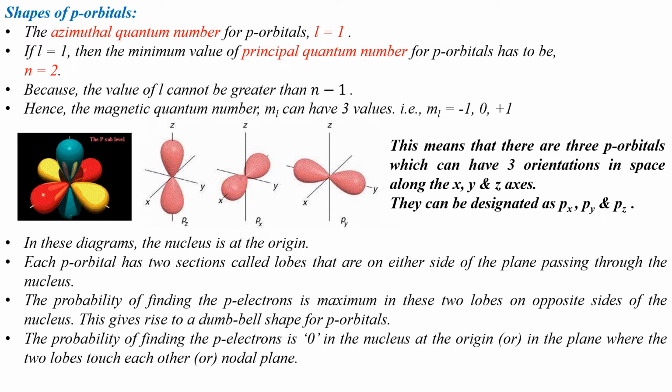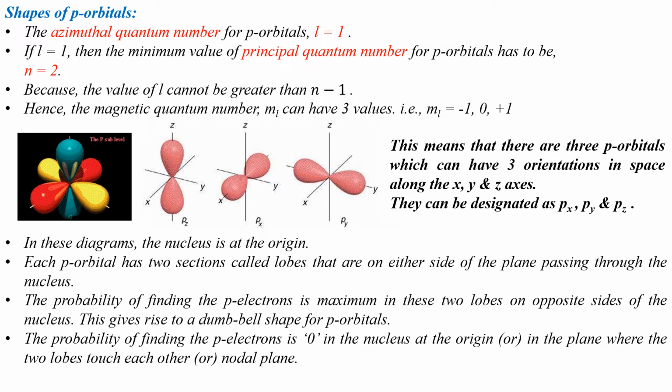Now 2 into 1 is 2 plus 1, it is 3. That's how you get 3 values for ml, and the 3 values can be minus 1, 0 and plus 1. This means that there are 3 p orbitals which can have 3 orientations in space along the x, y and z axis. They can be designated as px, py and pz.